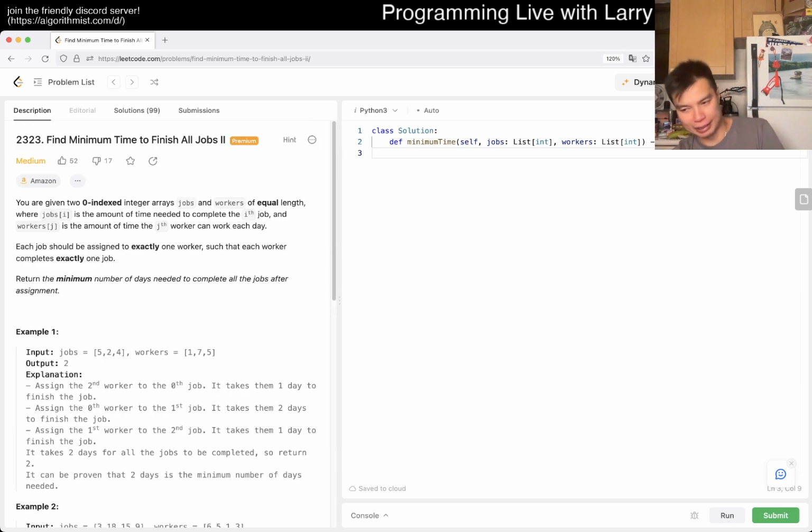Because everything that I said before the greedy is like: max flow is n cubed, Hungarian is n to the fourth or something like that, depending on how, and DP is n times 2 to the n.